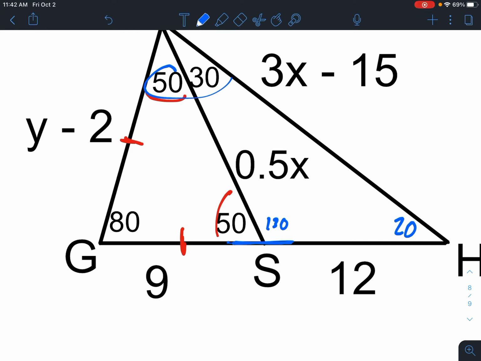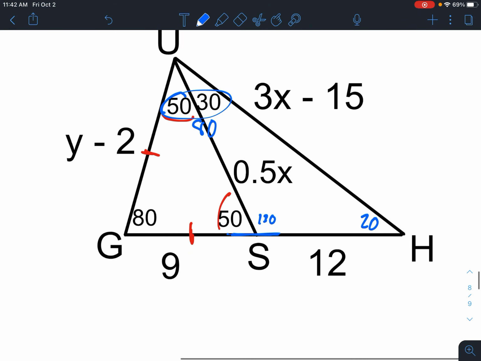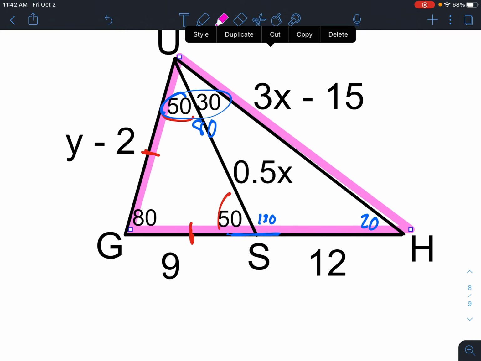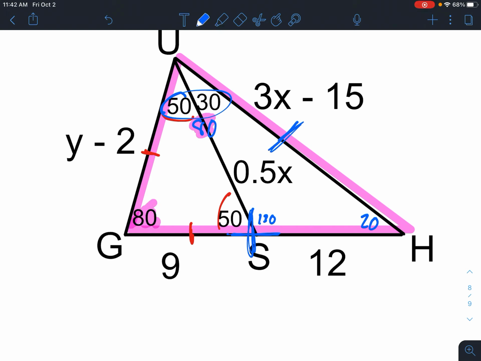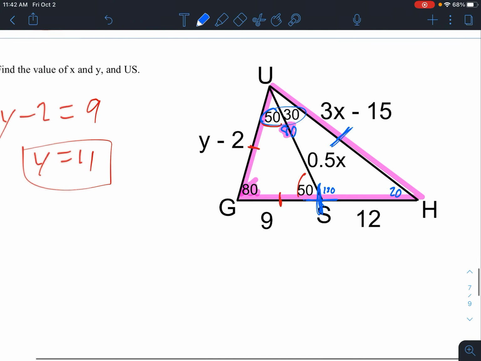If I add these two together, I get this big angle here is 80, which means this big triangle must be isosceles because I have two angles that are 80 and 80. So that means this side and this side must be equal.